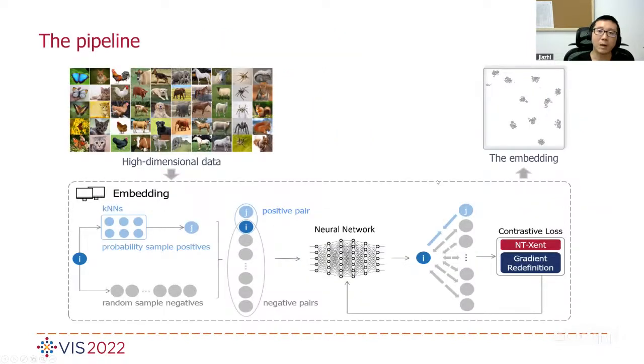Let's look at the pipeline of our approach. The left is a sampling strategy. The embedding function is learned by a neural network, and the network is trained with a contrastive loss.